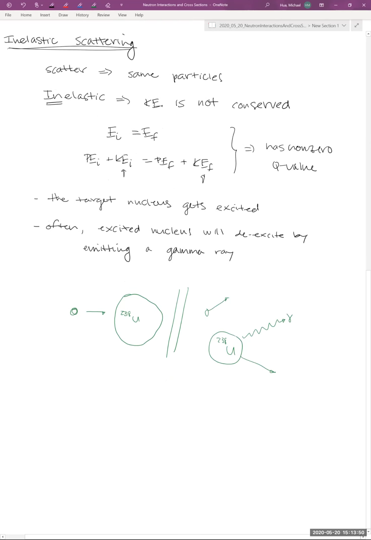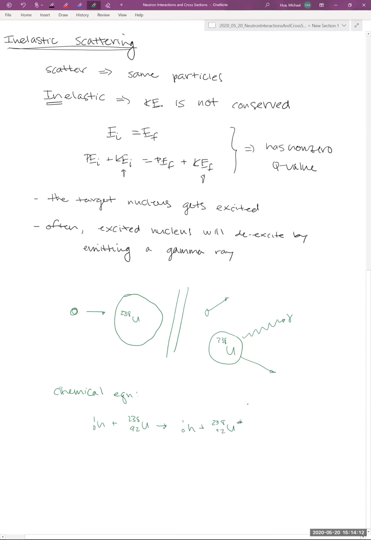So kind of the chemical equation for this is initially we have a neutron and a uranium-238. What this goes to is a neutron plus uranium-238 still.